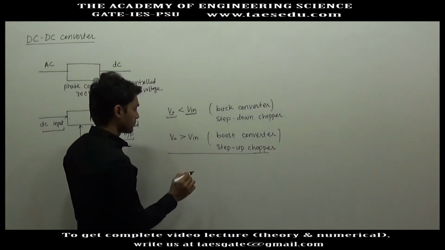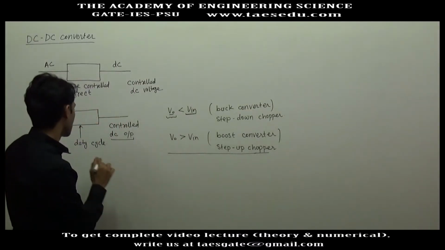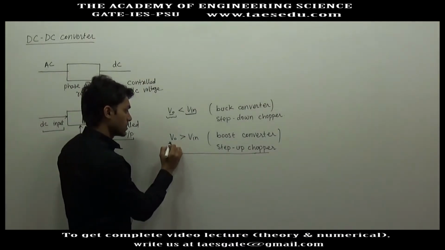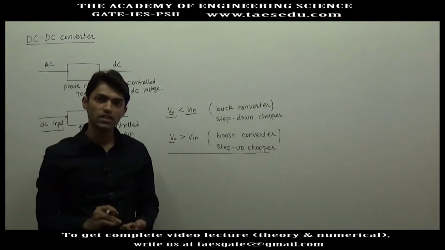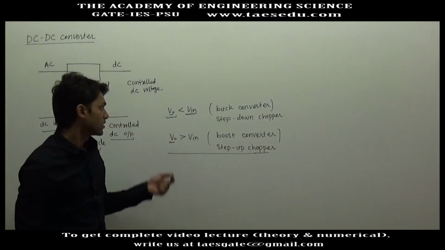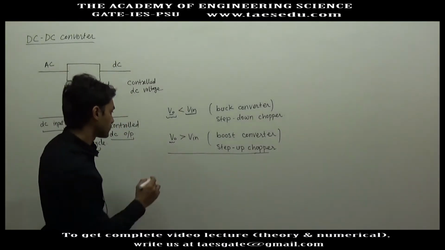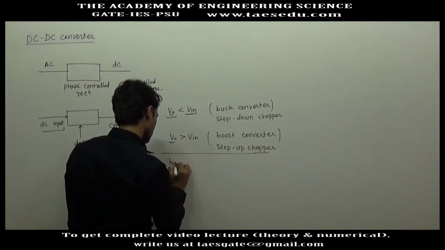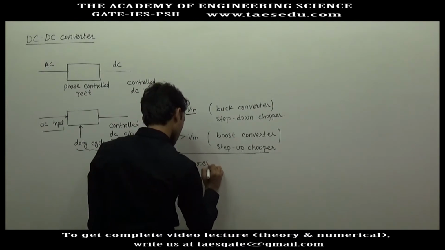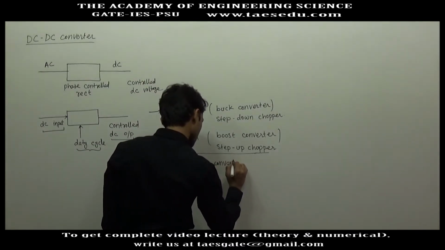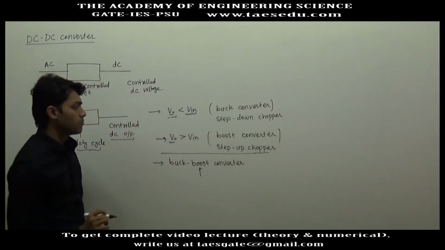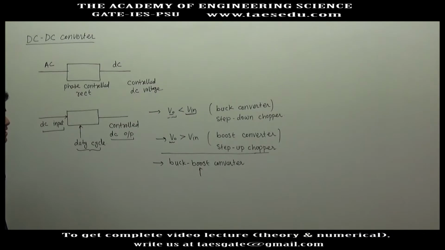In boost converter, although by controlling duty cycle you can vary the magnitude of output voltage, output voltage will always be greater than input voltage. In the third category, buck boost converter, the output may be greater than or less than the input voltage.